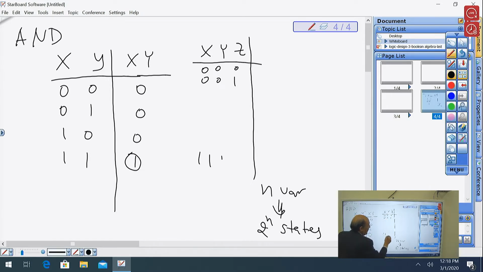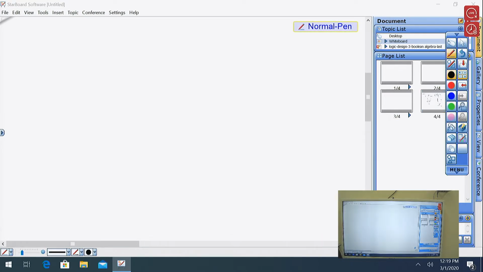For 1, 1, 1, x and y and z is 1, and it is 0 in all the other cases. The graphic symbol for the AND logic gate is like that.